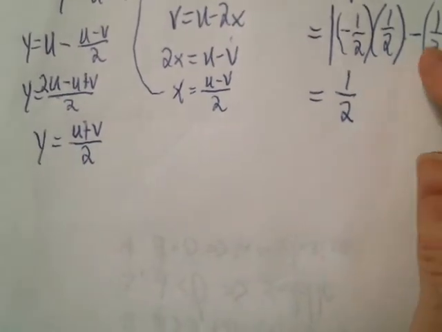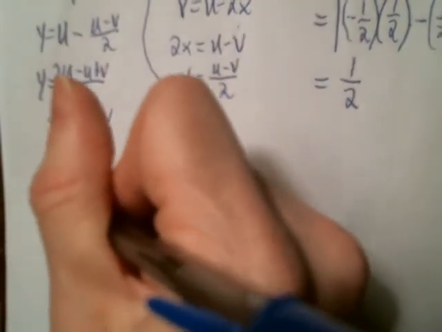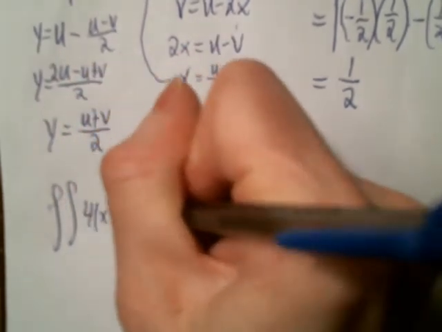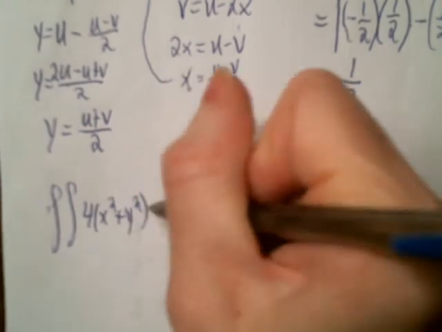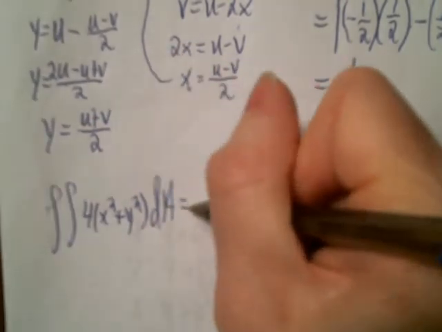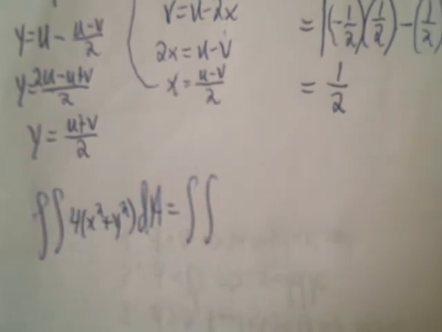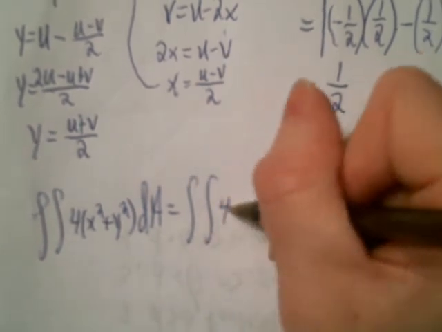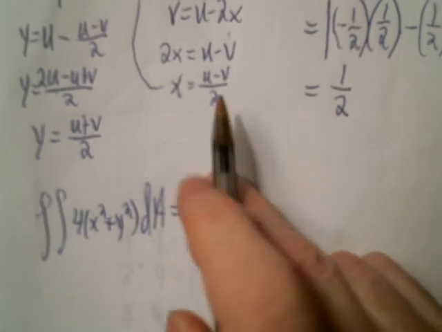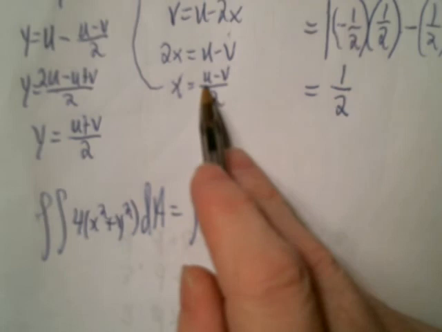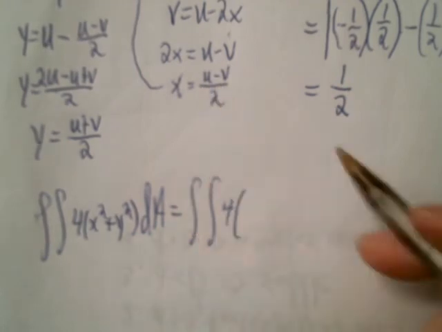Okay, almost there. Now we need to do our substitutions in our integral. Originally it's 4x squared plus y squared dA. Now we have 4 times x squared, which is this thing squared, which seems like a nightmare, but you can do it. It's just some foiling up top: (u minus v) squared over 4.